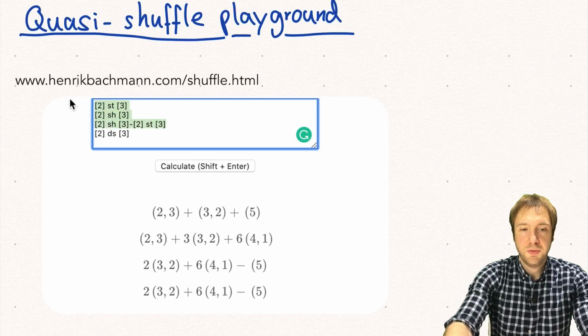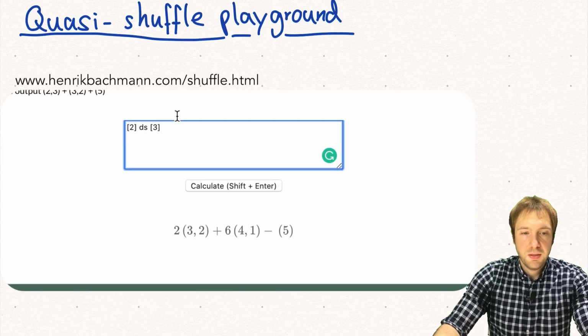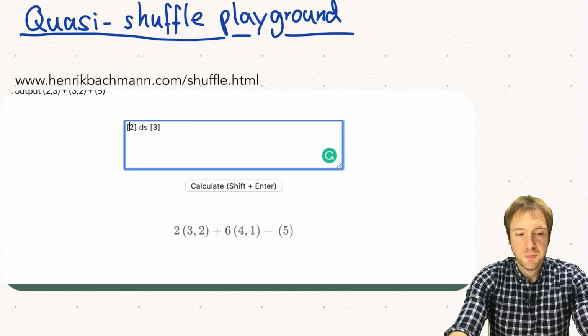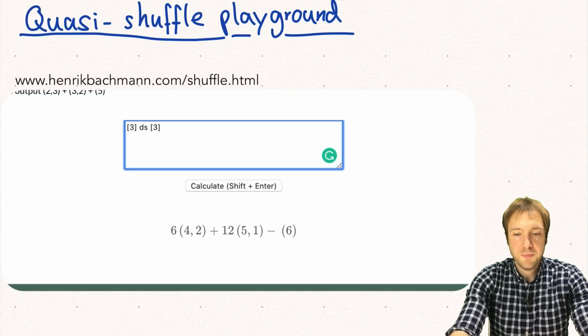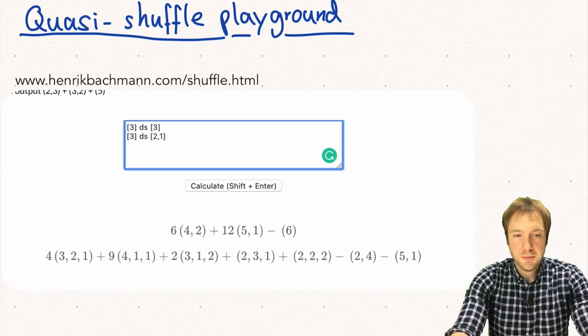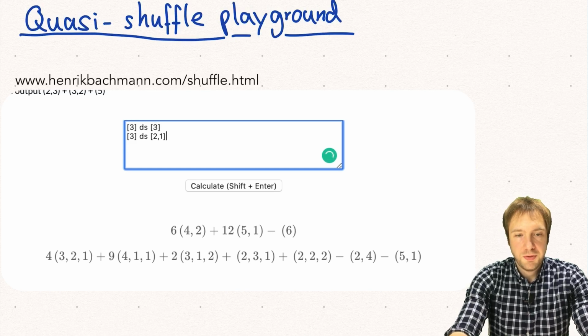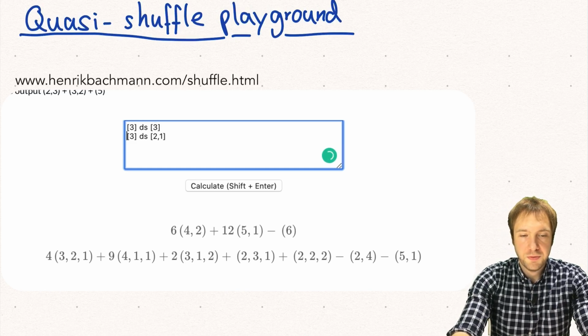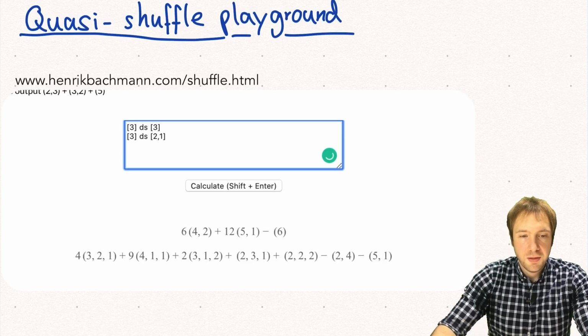What you can also do, so this is again the double shuffle of 2 and 3, and maybe let's go to weight 6. This is the double shuffle relation if you take Z3 and Z3, but in weight 6 you could also choose, for example, this one here. This also allows you to multiply with some number.